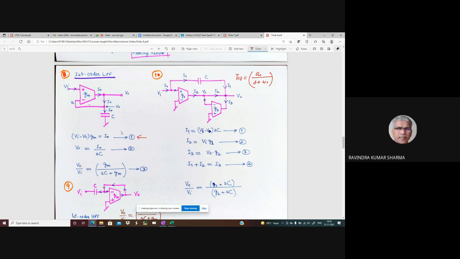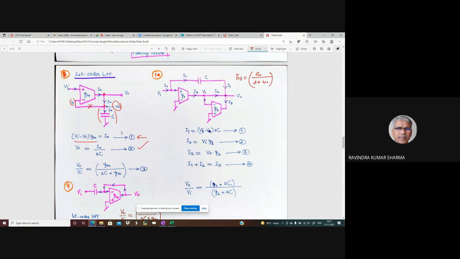Yes, sir. No current will flow from here, and the voltage here is V naught. So Vi minus V naught times Gm is I naught. Okay? And I naught flowing through the capacitor produces voltage V naught, which is equation 2.